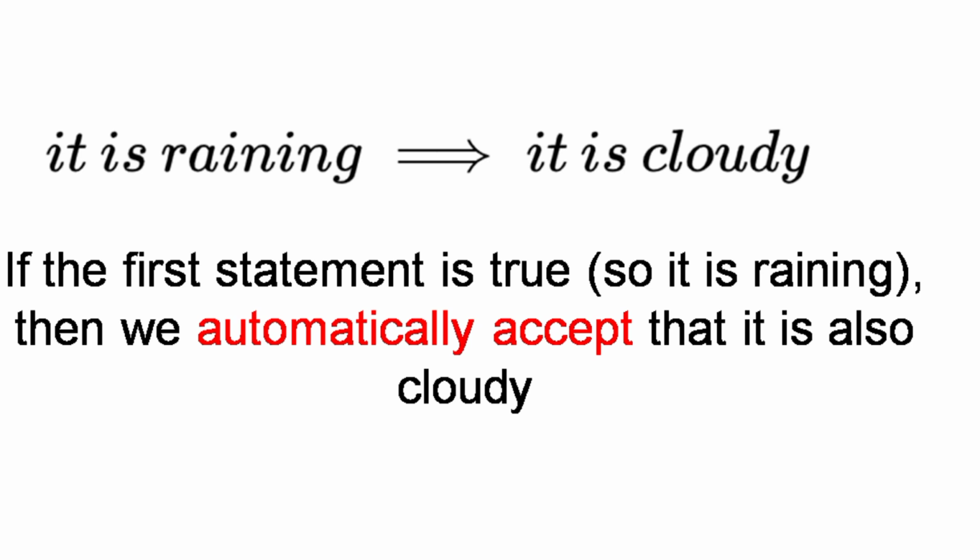So if it is raining, we automatically accept that it is also cloudy. However, remember, it does not work the other way round. The fact that it is cloudy does not imply it is raining. So the direction is from here to here, not the other way round. That does not mean that if it is cloudy, it will be raining, right?